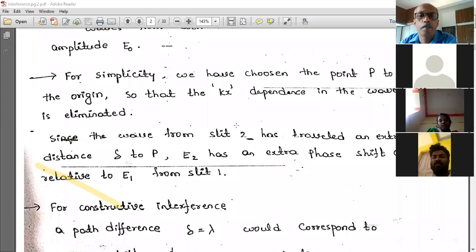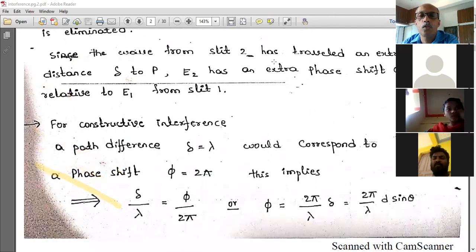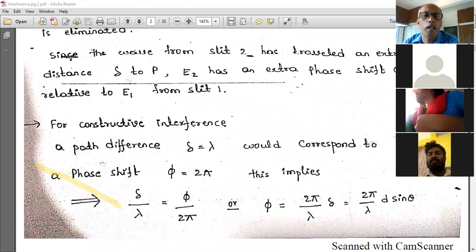For simplicity, we consider the point P to be the origin such that kx dependence of the wave function is eliminated.